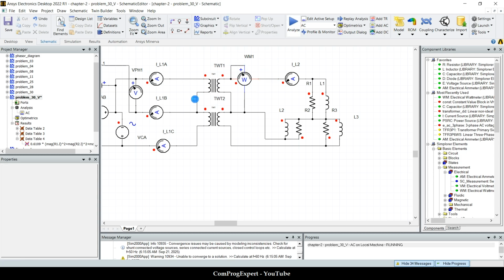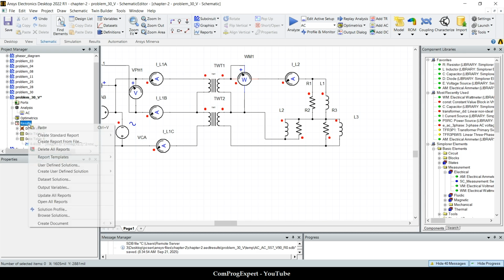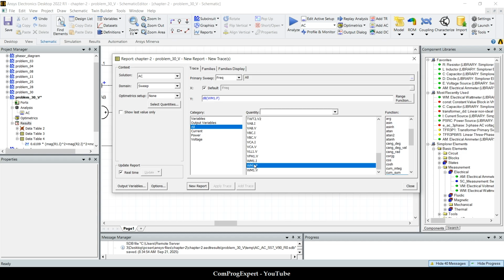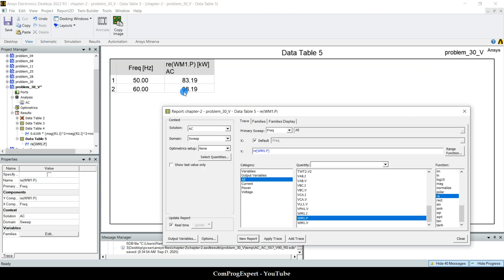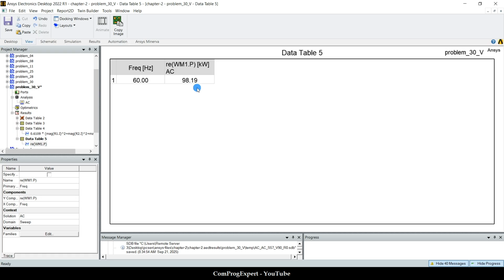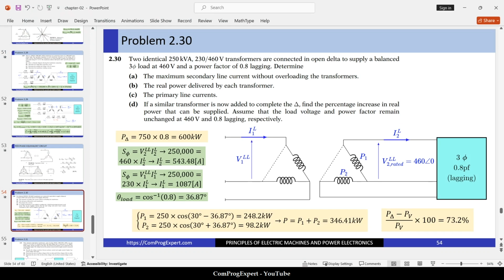Let's analyze and check the value of the power. So wattmeter 1, what is the value of the active power? The real component is equal to 98 for the 60 hertz case. Again, if you don't want to see 50 hertz, you can only select this one, 98.1. Okay, 98.